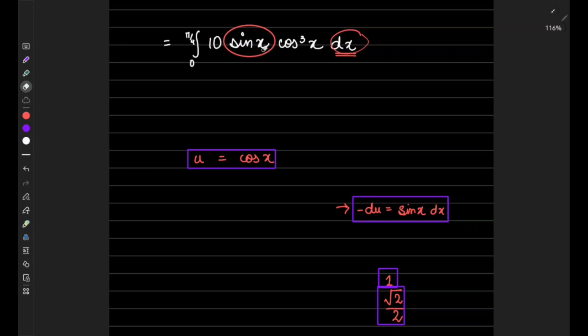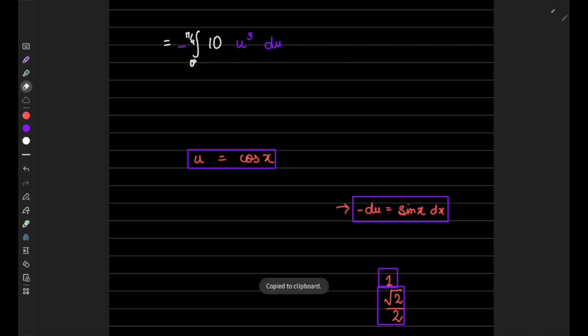u equals cos x, so this will be u cube. Sine x dx is minus du, so du with a minus sign. 10 will stay as it is. Then we have to deal with the limits. When the limit was 0, now it is 1, and when the limit was pi by 4, now it is root 2 over 2.